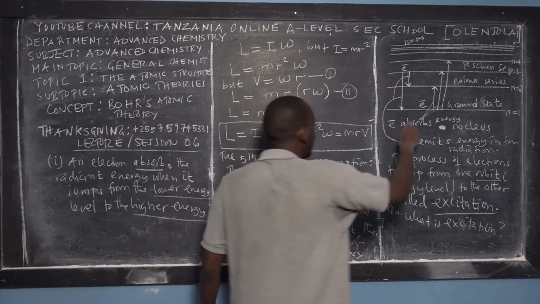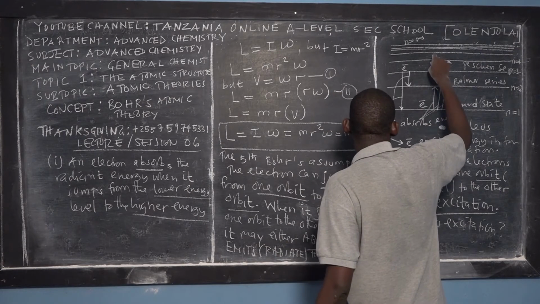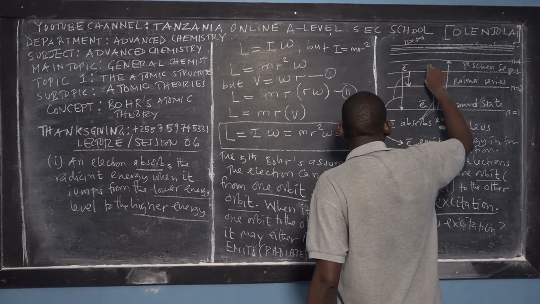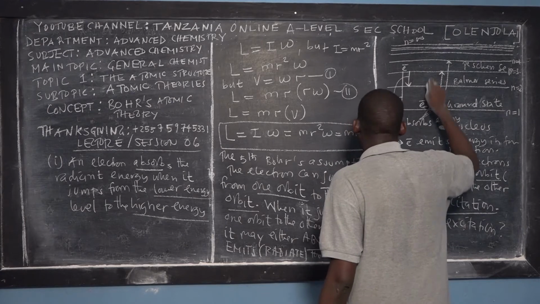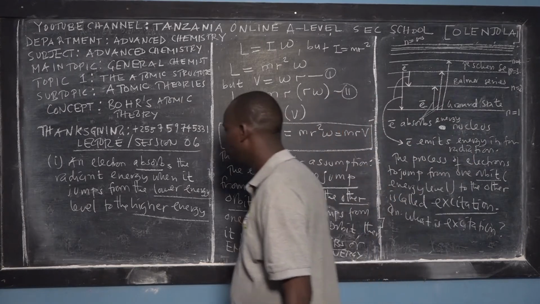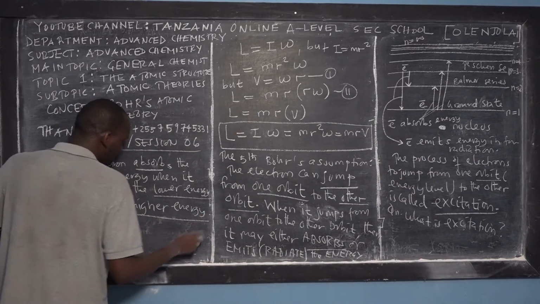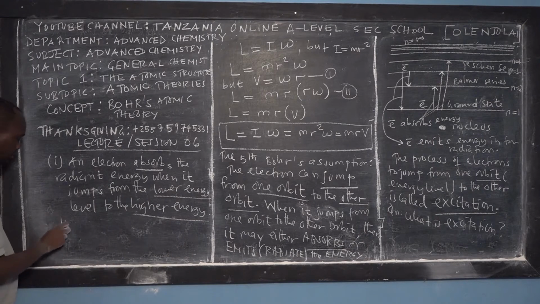For example, if this electron wants to move from the ground state to the Paschen series at this same energy level, then it has to absorb what? Radiant energy. That's one of the concepts that you have to understand.